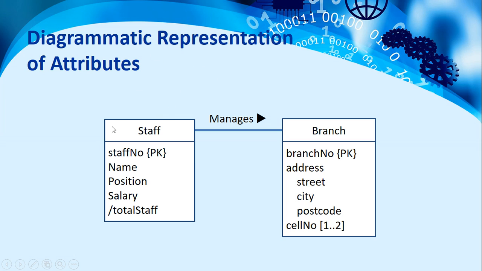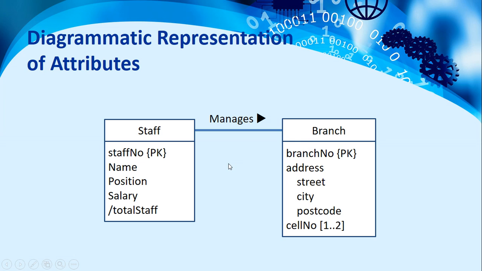For example, for staff, there are ovals around it and each oval represents an attribute. In this UML notation, another version of the ERD, the attributes are listed below the entity. So this is the entity, staff, and below it are the attributes. Same with the branch, these are its attributes.